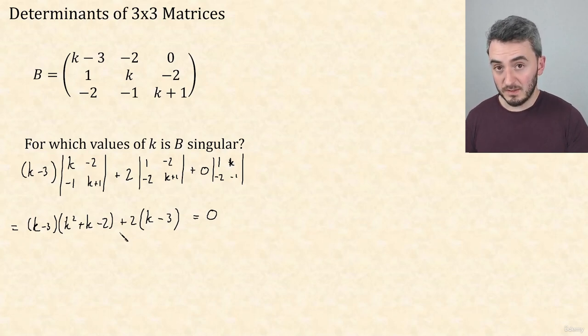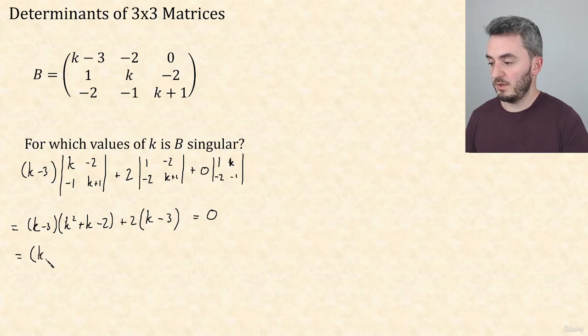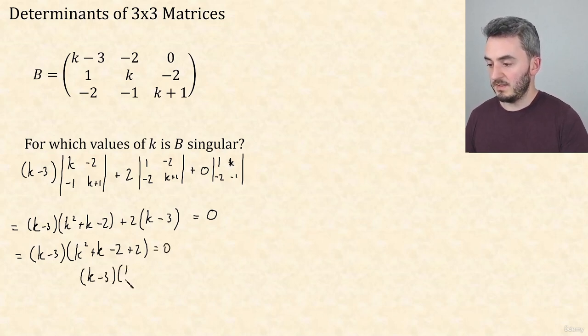Well, if we expand it all, it would be a cubic, but look, we can see a factor of k minus 3, which is good. So I'm going to factorize that out, leaving me with k squared plus k minus 2 and plus 2. So those cancel, leaving me with k minus 3 and k squared plus k.